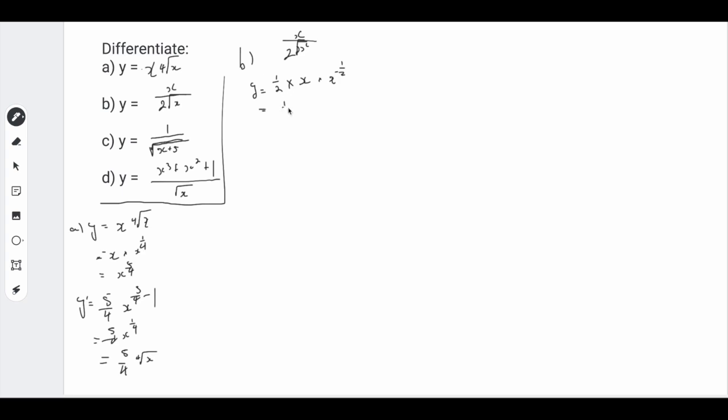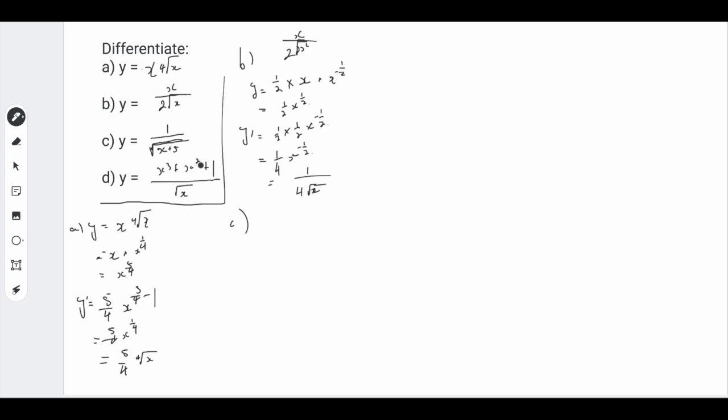If we combine that, we get half x to the power of a half. So we can differentiate that fairly simply now, right? y prime equals a half times the half we brought from the power, x to the power of minus a half, right? So that becomes a quarter x to the power of minus a half, or just 1 over 4 root x would be our answer there.